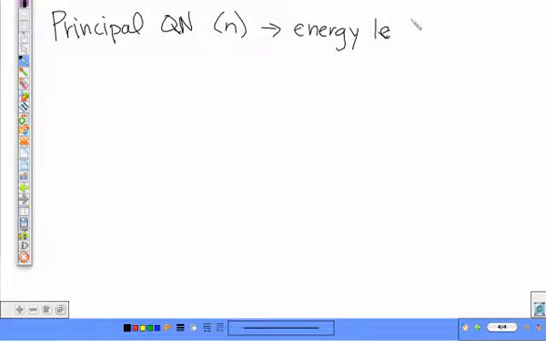That little n is the letter they use, like n equals 1 or n equals 2. Energy level.